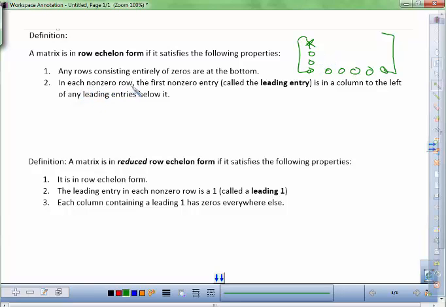In each non-zero row, the first non-zero entry is in a column to the left of any leading entries below it. So if the second row has a leading entry here, then it's in a column whose leading entry is below that.